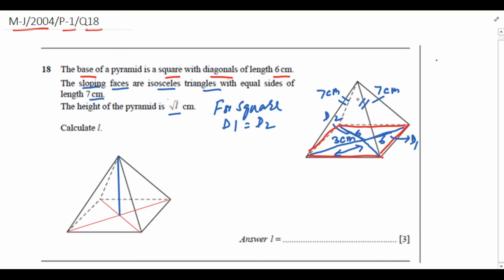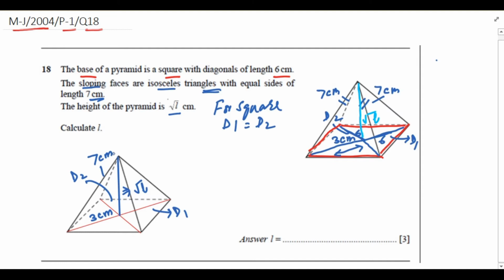We can draw the height in the given pyramid as shown, equal to under root L. Diagonals D1 and D2 are also shown in the next clear figure. The length of half diagonal is equal to 3 cm as shown. The sloping length of the triangle is 7 cm as shown.